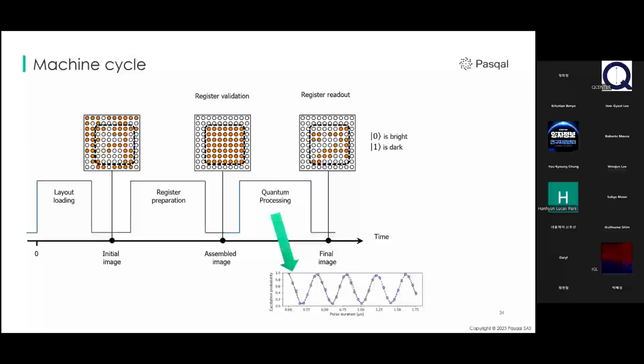It is after this that the actual quantum processing can happen. At this phase, you are using the second set of laser lights to send energy, to send information to this specific part of the register, to make the system evolve, to carry out the actual computation.